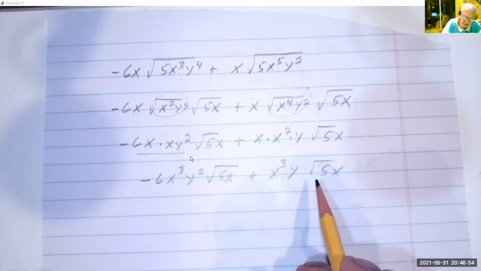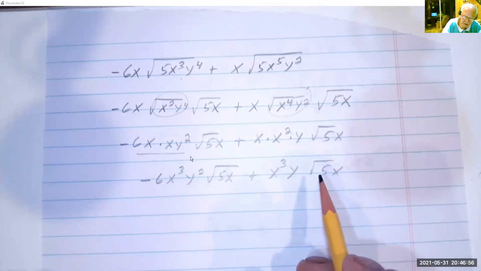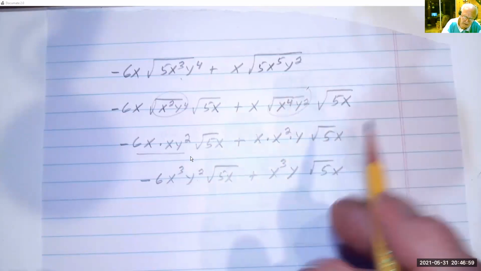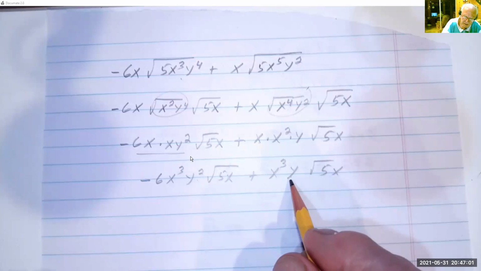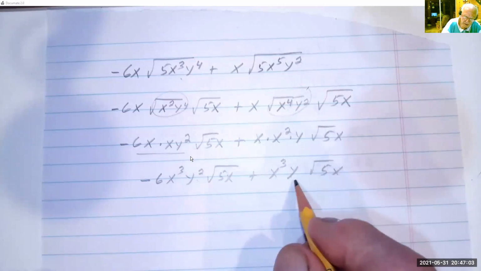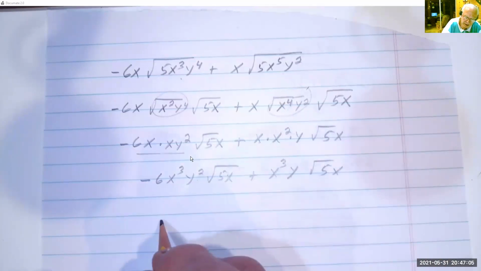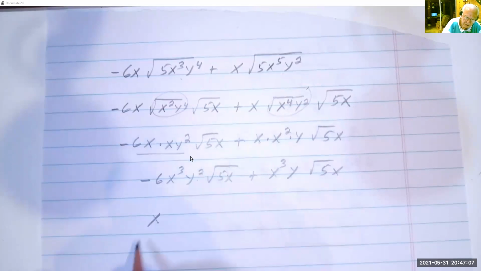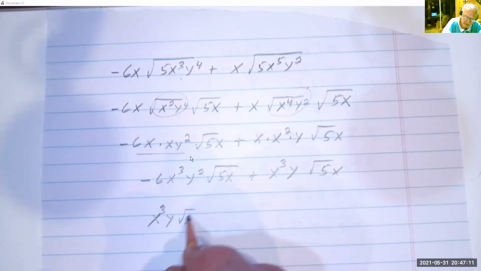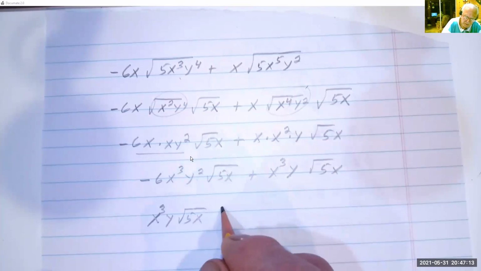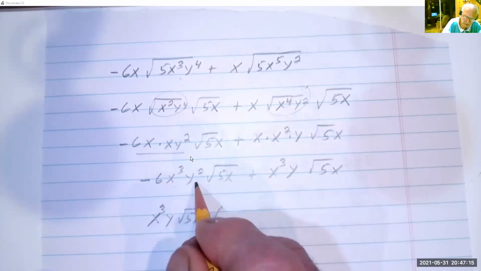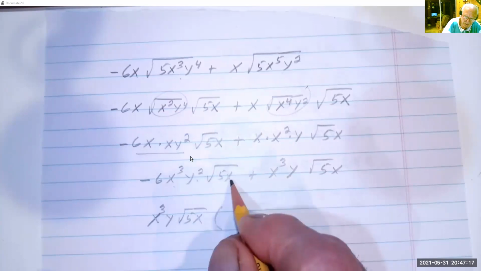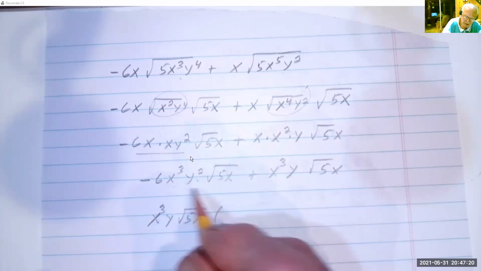But the only thing we could do is extract. We could write it this way. We could say x cubed y square root of 5x. Take that from the first term, and we'd be left with minus 6y.